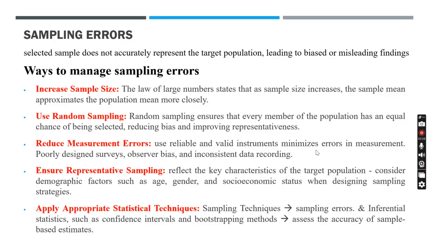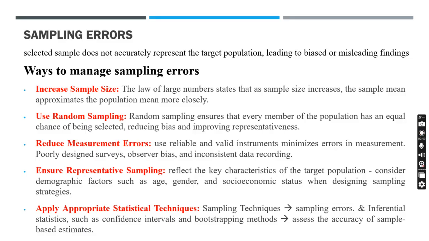This is when you're collecting data. Since you are designing the questionnaire for collecting data, or the interview guide, or whatever type of instrument you are using, you have to use a valid and reliable instrument to collect the data.